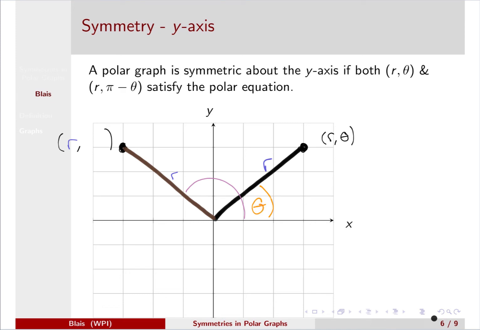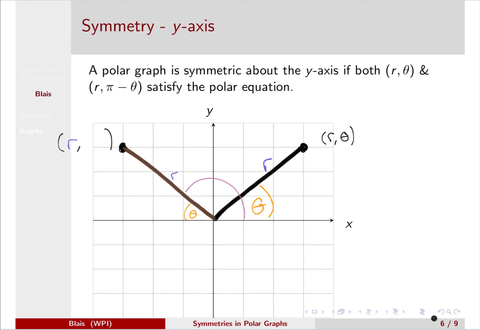Well, by the symmetry of these two line segments about the y-axis, we see that the angle between our original line segment and the positive x-axis is theta, but the angle between our new line segment and the negative x-axis will also be theta, which means the angle between the positive x-axis and our new line segment is pi take away that theta.